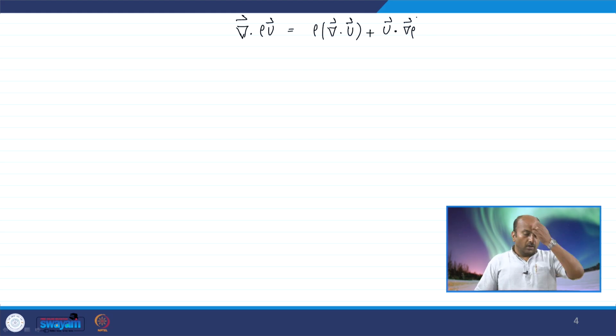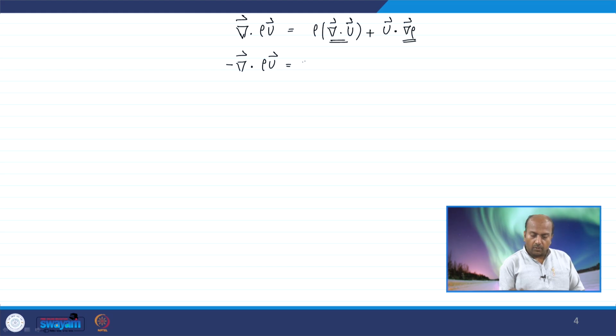Now, the meaning of this is that del is acting on this vector; this is the scalar product, and this is the gradient because rho is a scalar. Just separating these two terms, we get minus del dot rho u is equal to minus rho times del dot u minus u dot del rho.